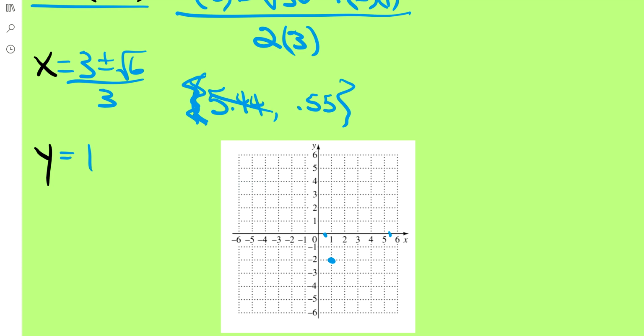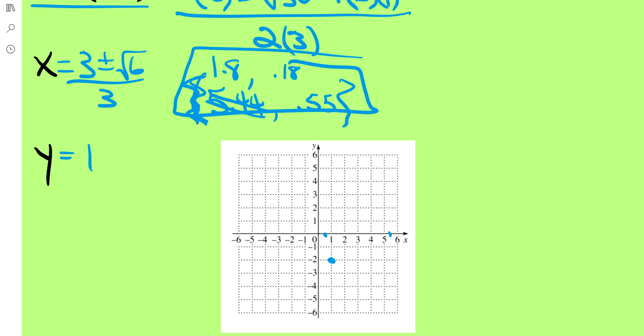So instead of 5.44, it will be 1.8, close enough to 2. And then the 0.55 divided by 3 will give me 0.18, which is almost 0.